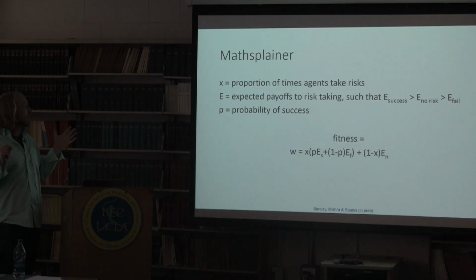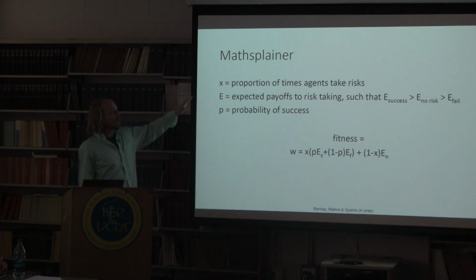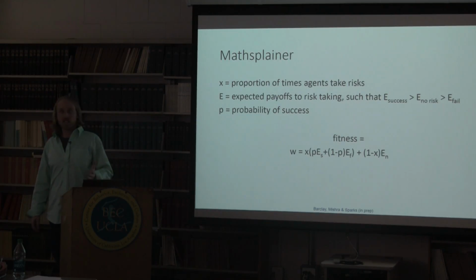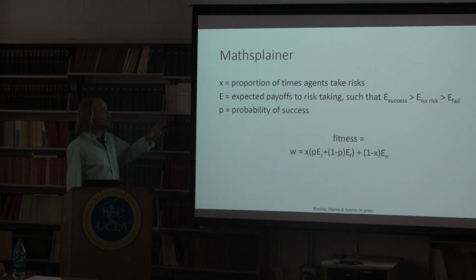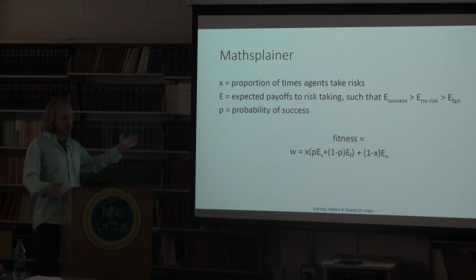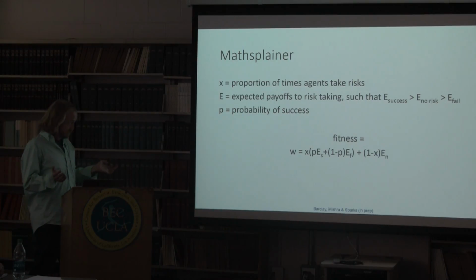Okay, our decision variable is X, the proportion of times that an agent engages in the risk-taking, so that's your decision variable. We've got expected payoffs such that the biggest payoff is if you're successful at the risk, the worst payoff is if you fail at the risk, and there's an intermediate payoff for just sitting it out entirely. No, I'm not going to take this risk. And then there's a probability of success. You can put it all into an equation like that, and there you get a fitness equation.